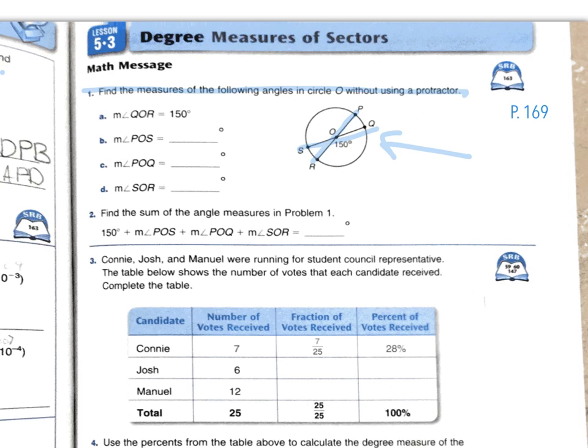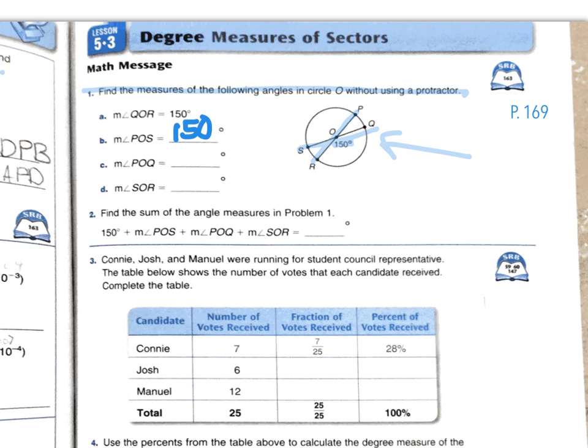So I know that this angle is 150, which means angle O also needs to be 150, and that would be POS or SOP. So make sure I write it under the correct answer there. So that's going to be 150, and they already have the degree symbol for us.